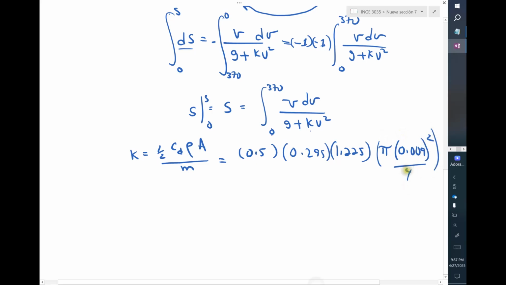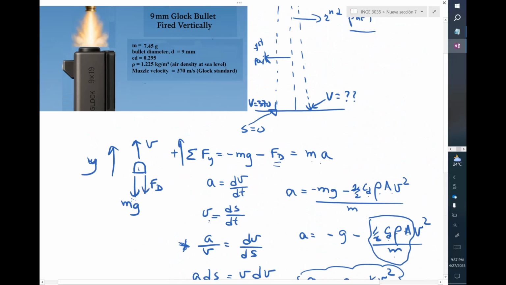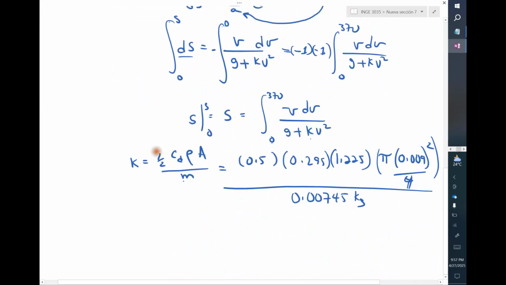So we've got the area, and the mass. The mass, this m here, is about 0.00745, because it has to be in kilograms. In the table it was in grams, as shown here, mass 7.45, so it needs to be in kilograms.